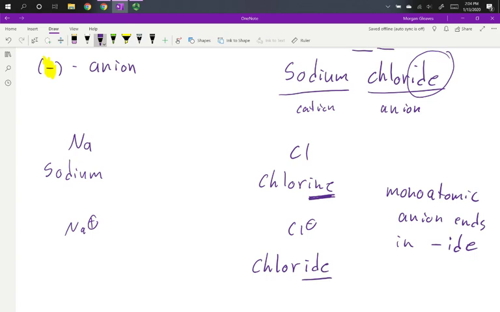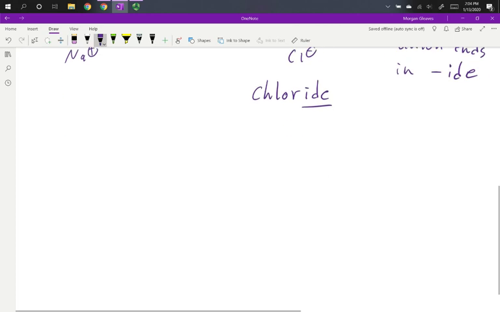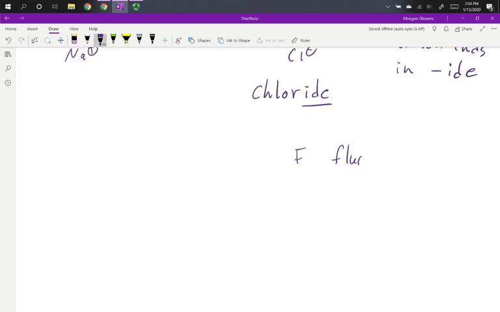And this is true for any of them. If I have an F, fluorine becomes F-, which is fluoride. This is also true for things like sulfur.